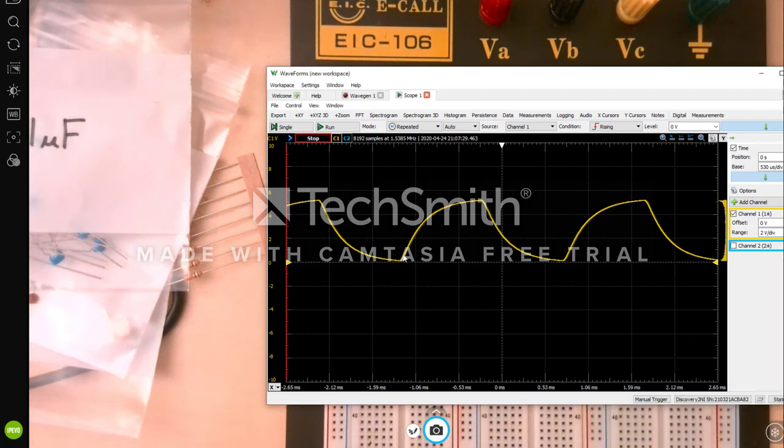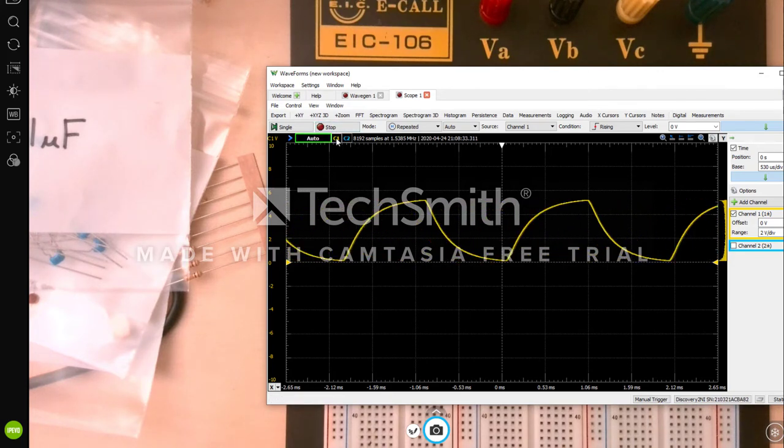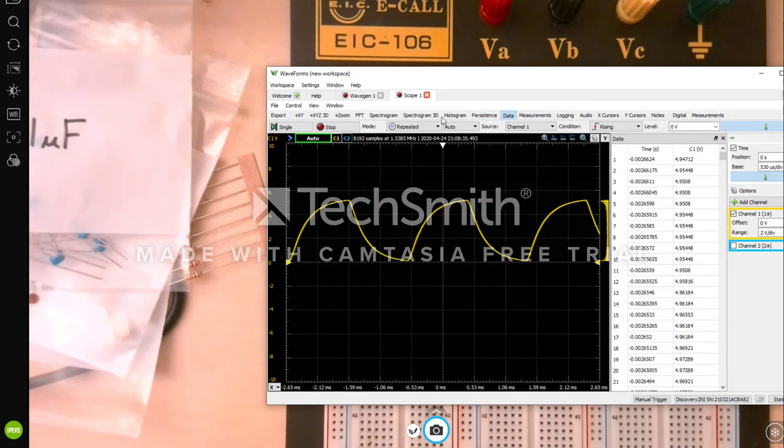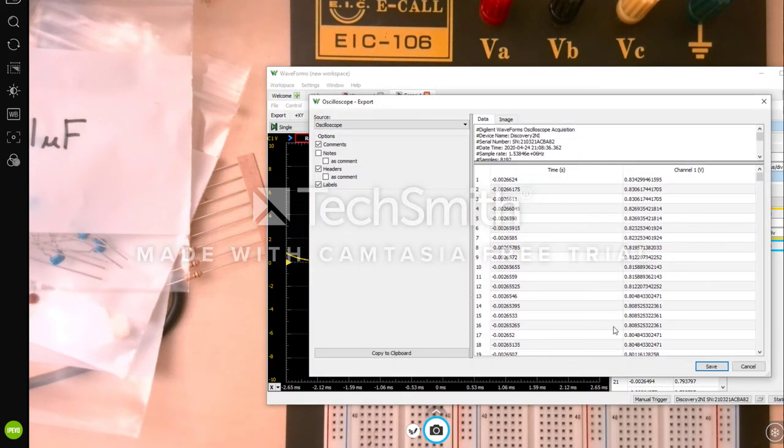Now, it charges up until 5.1, but it doesn't charge up as fast as the capacitors in the previous circuit. So that should be one thing for you to note. Let's keep running, and create our data and export.